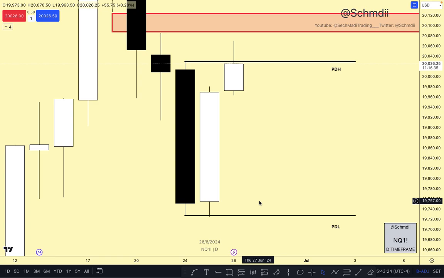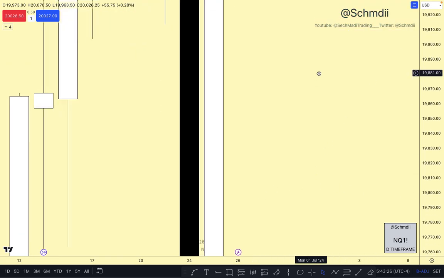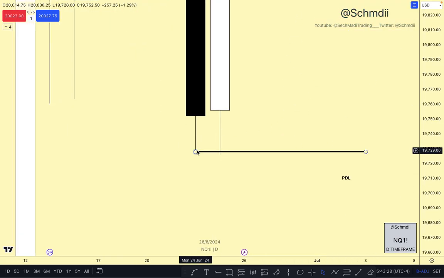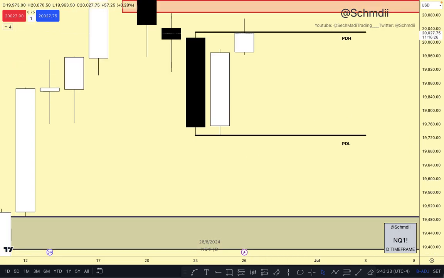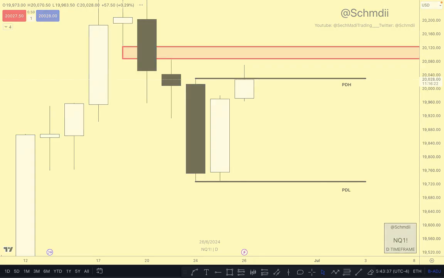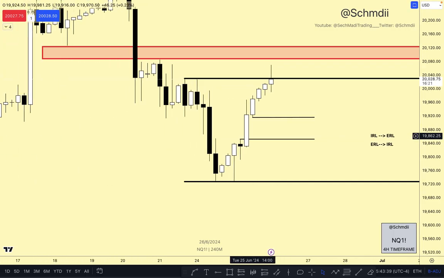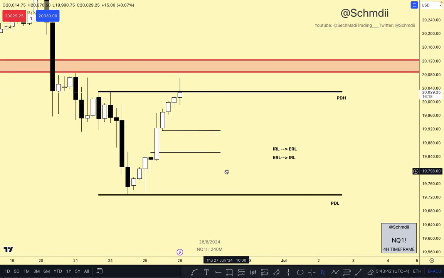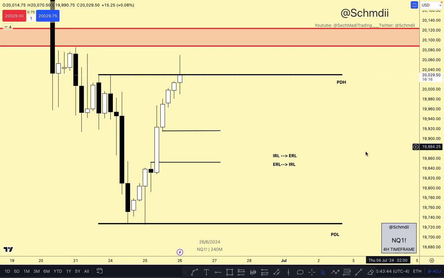If we look at yesterday's trade, you can see here the low. We just briefly brushed past the low of yesterday, and then price began to push to the upside. Going down to the 4-hour. This is the main basis where we see price moving from internal range liquidity to external range, or external range to internal range liquidity.